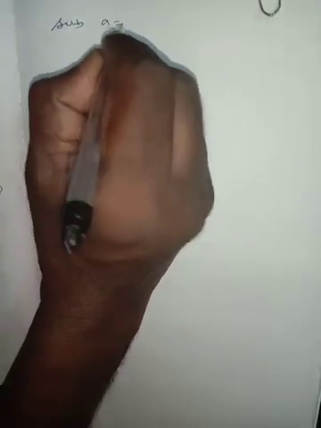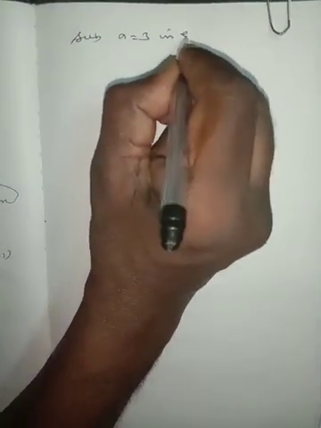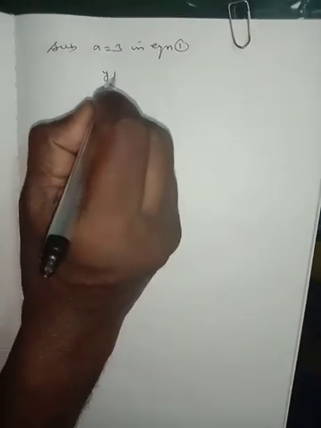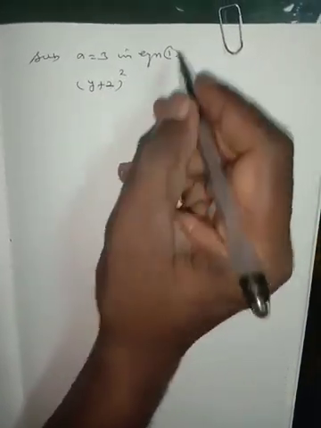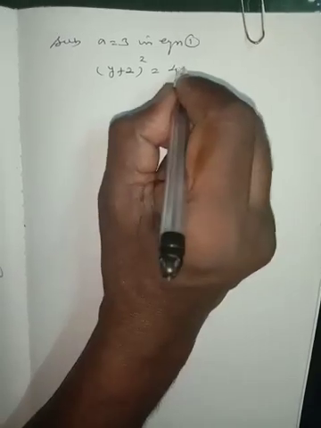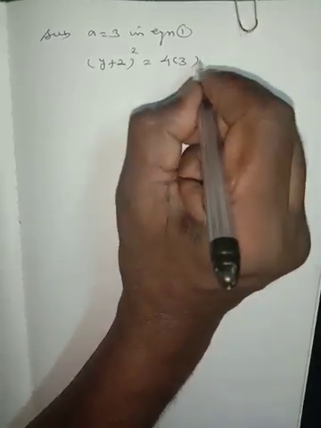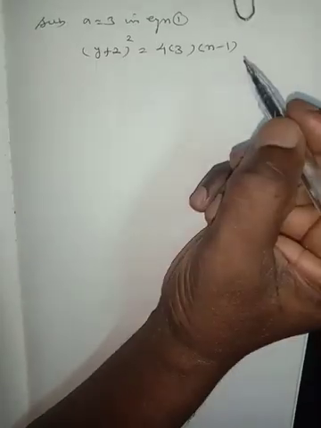Substitute a is equal to 3 in equation number 1. Y plus 2 whole square is equal to 4 into 3 into x minus 1.